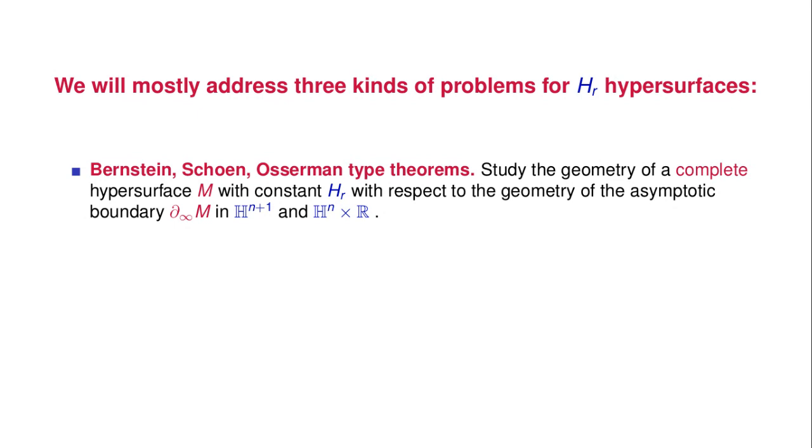And our ambient manifold will be the hyperbolic space or the product H^n × R. That is a nice space because there are many symmetries, but the sectional curvature is not constant. So we have different phenomena appearing. So this will be the first group of results.